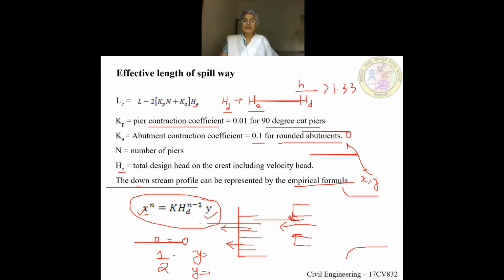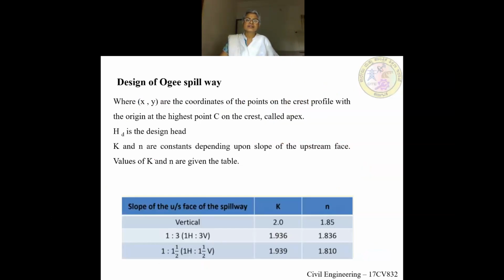HD will be known, and x and y are the coordinates of the points of the crest profile with the origin at the highest point C on the crest. As I said, this is how the Ogee weir will be in this shape. So this is the origin, and from the origin, the x and y coordinates are measured.